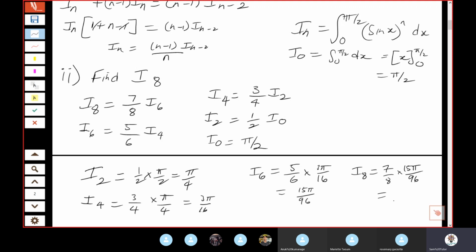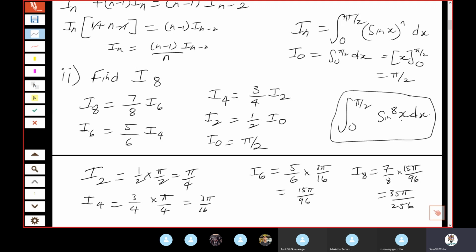And you're done. 105 on 80 times 96 simplifies to 35 pi on 256. So you just worked out the integral from 0 to pi on 2 of sine to the power of 8x dx, something that was pretty much impossible without doing it via the reduction formula. If you didn't have this formula, there is no way you would have been able to get through to 35 pi on 256. And that's how this is being used.